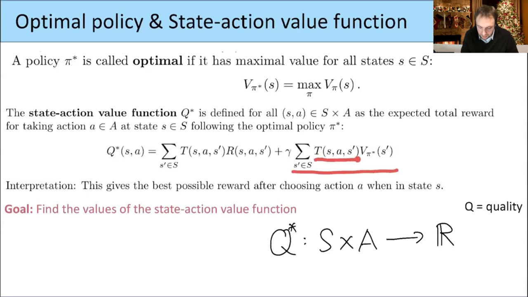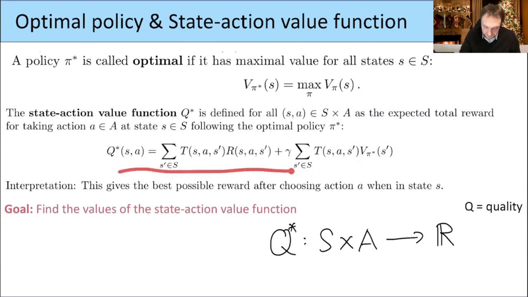Again, we take the probability of landing in state S prime, and then from S prime, the expected total reward is exactly this function here, because the value of the optimal policy of S prime is exactly what we can expect as a total reward when starting in S prime. I don't know, is this function maybe clearer? I hope at least it will be when we do it in our example.